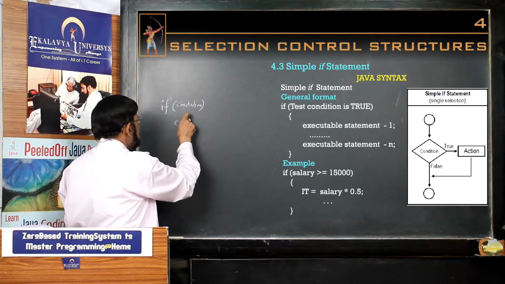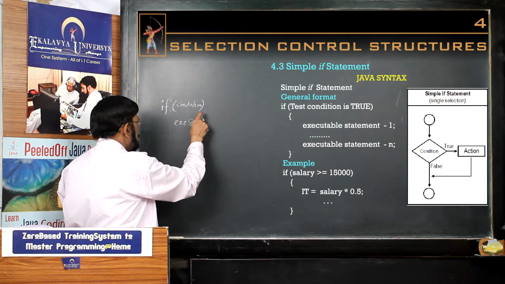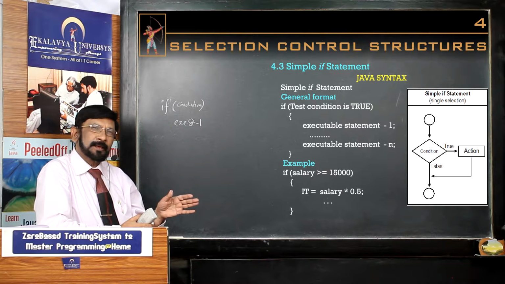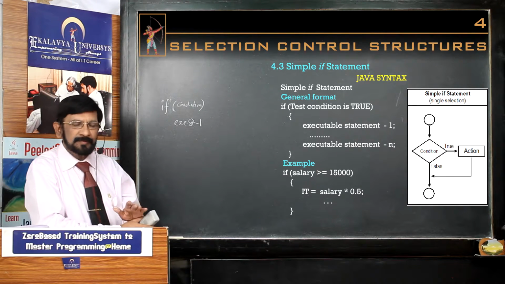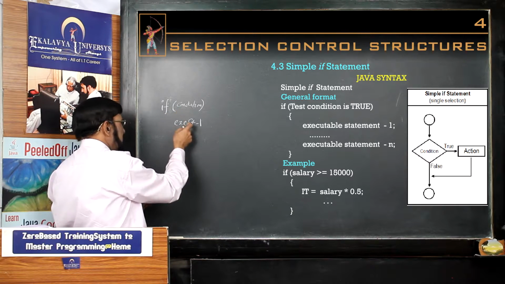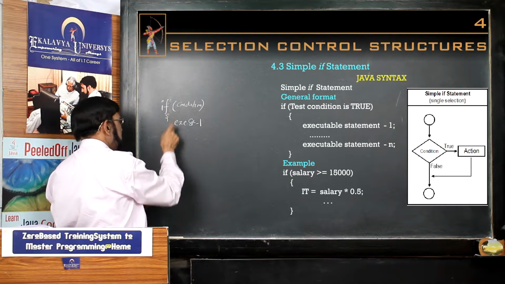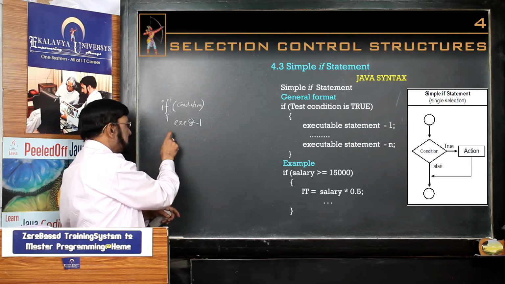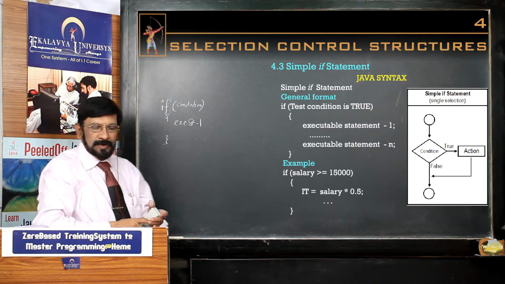Suppose you are writing only one executable statement, the block is not compulsory. However, as good practice, whether if has one statement or n statements, you create a block. Here also you should not write a semicolon. That point you have to understand.